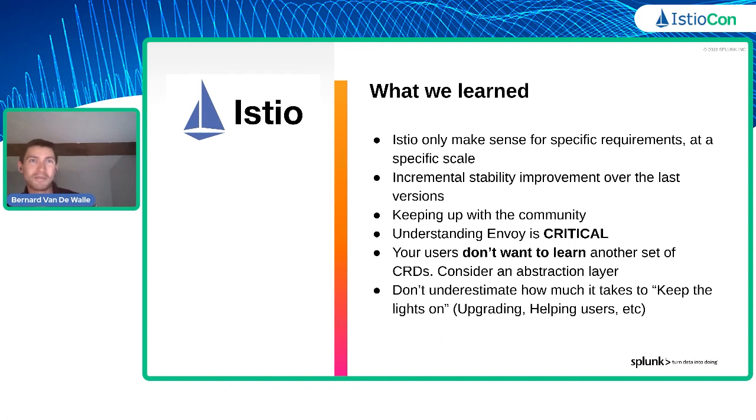One thing that was also a learning lesson to us is most people, or at least your service owners, your users on the mesh, they don't want to learn new CRDs, right? So what we did for us was to create that abstraction layer that allows them to not use them so they can actually work on what they need to work on.